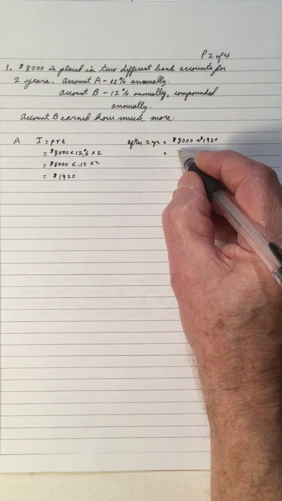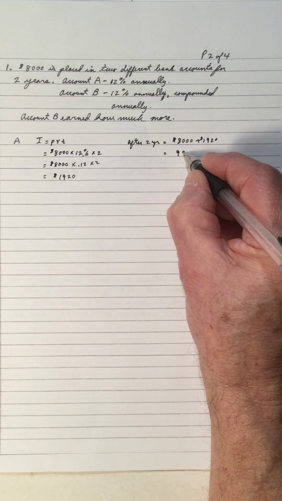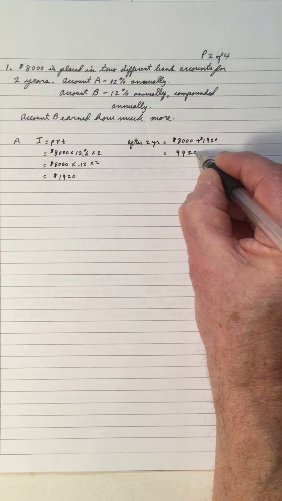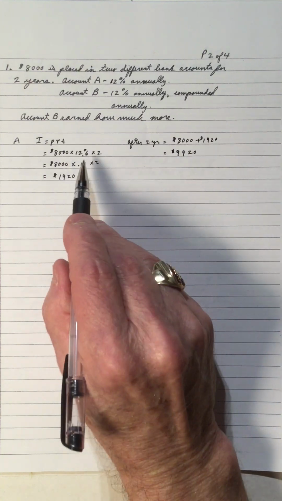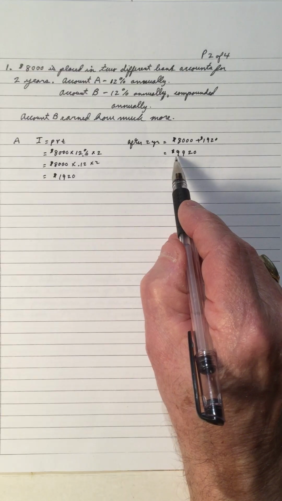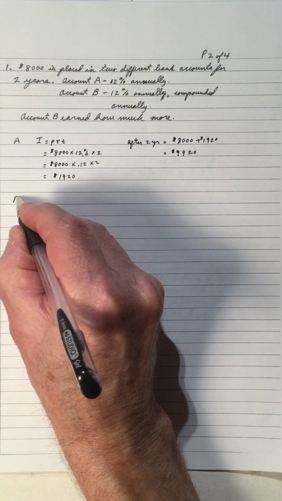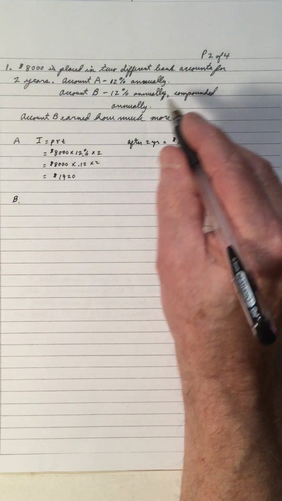If you add them up, you get 9,920. So in simple interest, you get 12% a year for 2 years, and you'll have in the account 9,920.